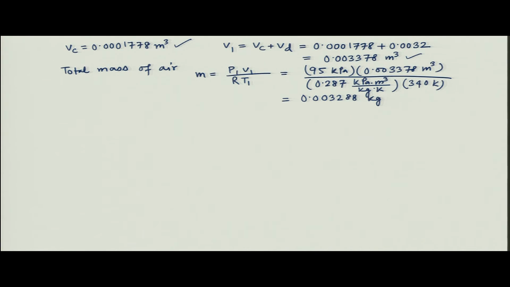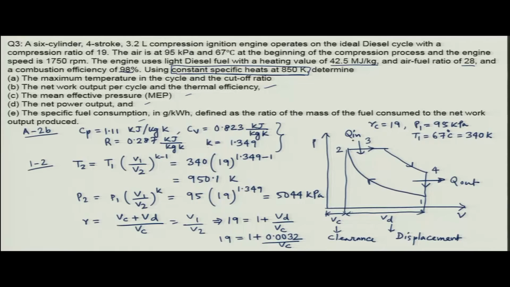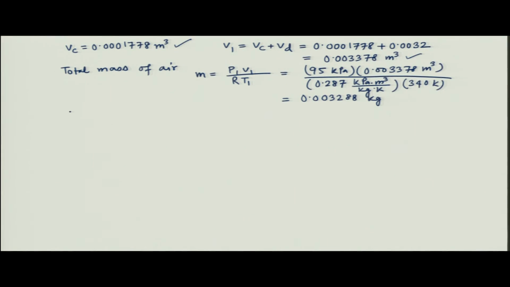And now we can find the amount of fuel that is burnt, because we need to find the heat addition during the constant pressure process. We have to find Q in. So, Q in can be found from the mass of fuel multiplied by the heating value.